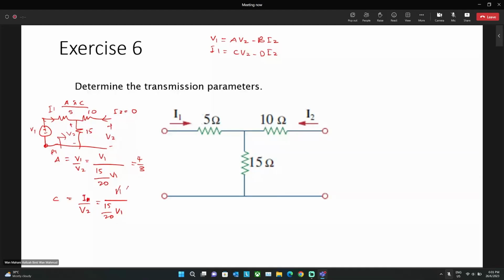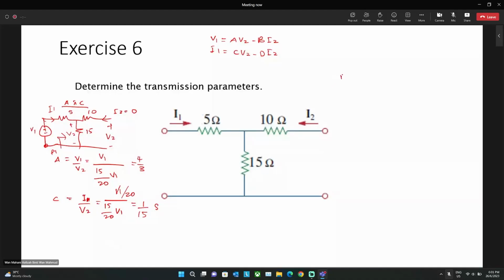V1 over R total: 15 plus 5, the 10 is ignored because of the open circuit, so 20. So V1 can be cancelled out here. What remains is 1 over 20 divided by 15 over 20. If you rearrange the equation, you will get 1 over 15, and the unit is Siemens because it is I over V. Okay, this is for C.